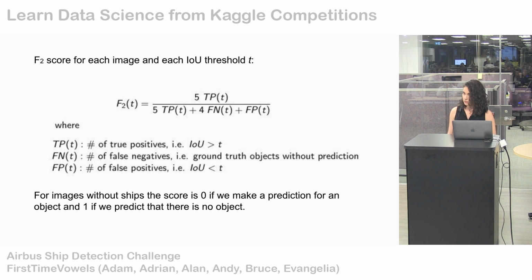So this will give a score of 0. On the other side, if you have no ships at all and you make no predictions, this formula will give you 0 over 0, so we just define this to be a score of 1. You made a good prediction, there are no ships over there.